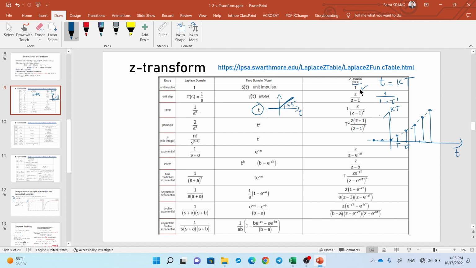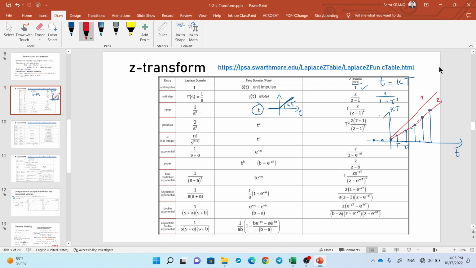I mean, if I draw the function of t, will it be just approximate, just close like this, or will it pass through the samples like this? Which one do you choose, 1 or 2? When we apply the z transform to the function, you choose number 1. No, actually number 2.